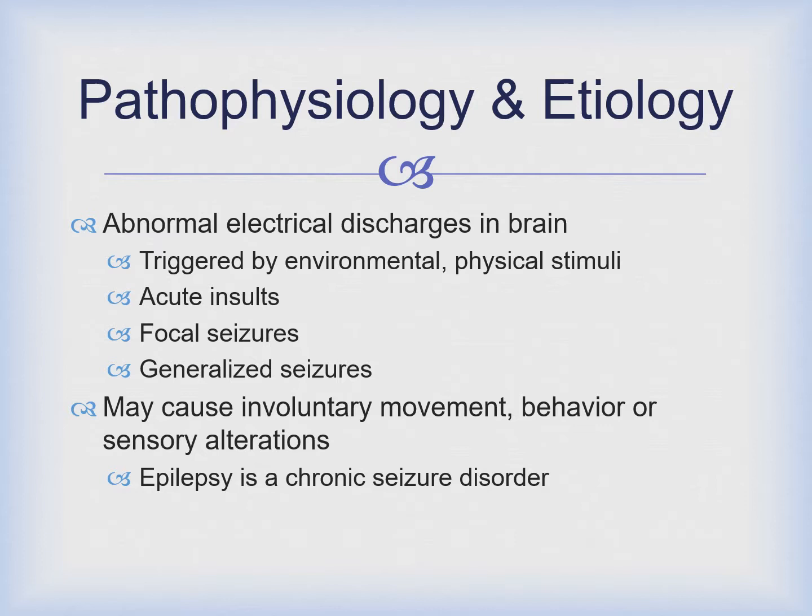We do recognize that whether it is a focal or generalized seizure, there are going to be these involuntary movements, behaviors, or sensory alterations. And we do understand that epilepsy is a chronic seizure disorder. Once someone is diagnosed, they're probably looking at lifelong management of seizure disorder, unless the underlying problem can be treated.